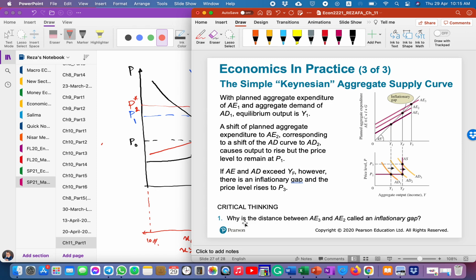So it's critical to think about why the distance between aggregate expenditure 3 and aggregate expenditure 2 is called the inflationary gap. He was saying that if the economy is producing more than full employment, that is entirely inflationary. So the aggregate supply is going to be vertical.